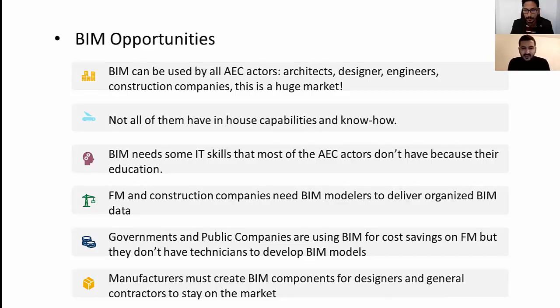That's the point where I'm trying to do something different. For example, at my school in Pristina, I put Revit as the main subject, and I think it's better. But also students must have IT skills for the future markets.